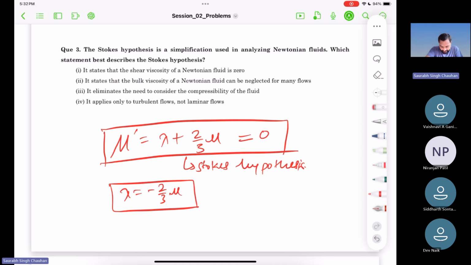For most of the fluids that are of our interest, we can assume that those fluids follow the Stokes hypothesis, and those fluids are called Stokesian fluids.